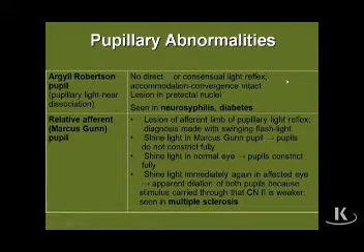But when you swing the light source to the affected eye, the pupils, instead of constricting, will paradoxically dilate because suddenly the central nervous system perceives that less light is available. So the swinging flashlight test is one where you shine light in the normal eye, you get bilateral pupillary constriction. When you immediately shine the light to the affected eye, the pupils will not maintain their pupillary constriction. They will paradoxically dilate.